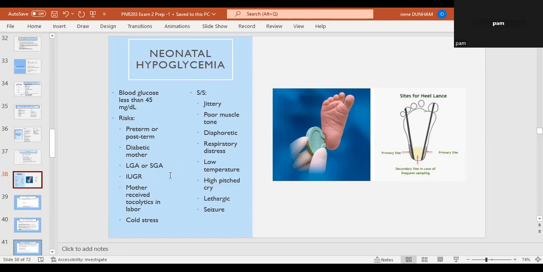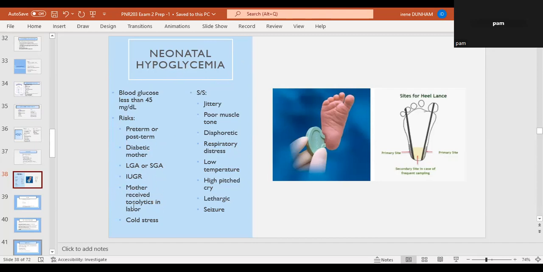All right. So you have an LGA baby, or IUGR, which is an intrauterine growth restricted baby. They can get hypoglycemia. Small for gestational age babies too. They can have hypoglycemia. And mothers who receive tocolytics in labor, that's interesting too.